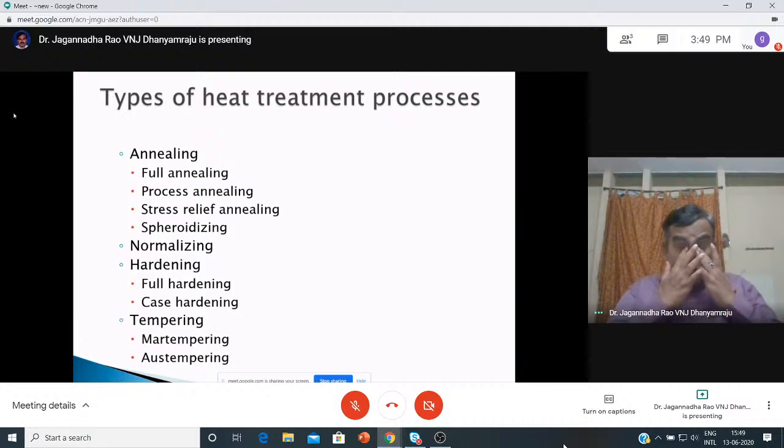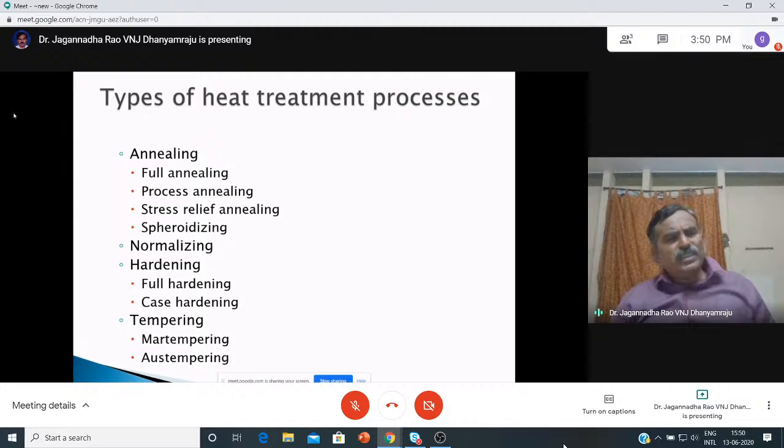That means when a material is cold worked, at lower temperature by the application of force, say by extrusion or forging, there is distortion and residual stresses, and because of work hardening the material loses ductility.